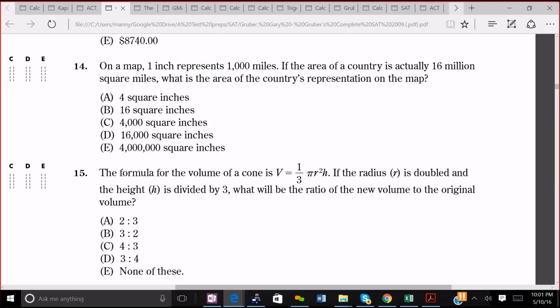So can I stick in numbers for this? Yes. So for radius, I put like 1. And for height, I put 1. Would that be sure, right? Sure. You can do that. You can make a before after chart, you know, if something changes. So before.